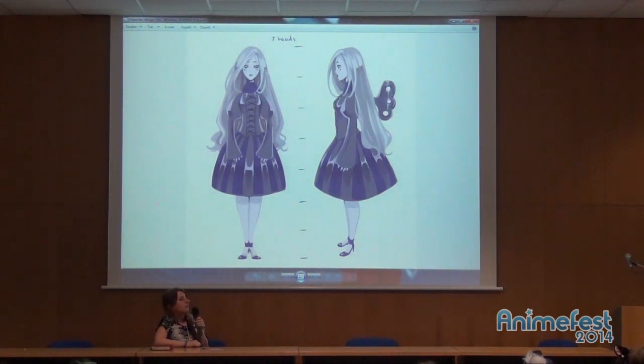This is Miss Doll. She's a metallic kind of doll character, and she has the color gray because she's supposed to be made of metal, and whoever is around her, who also has a main color, she will kind of reflect that color.